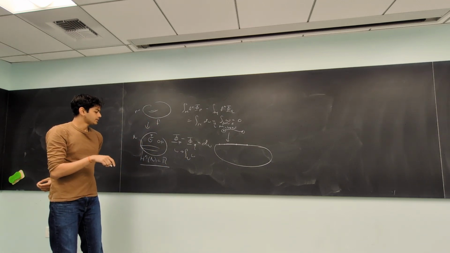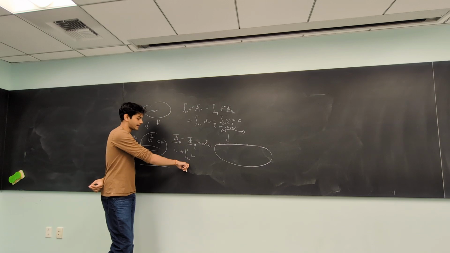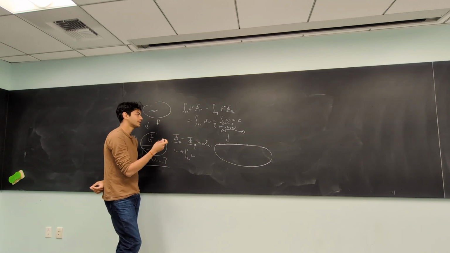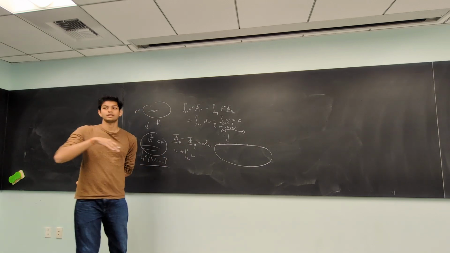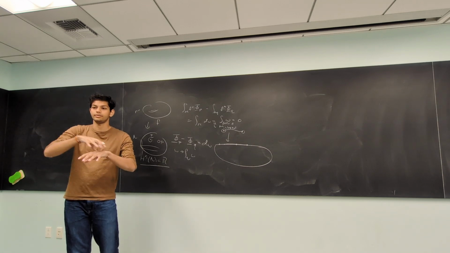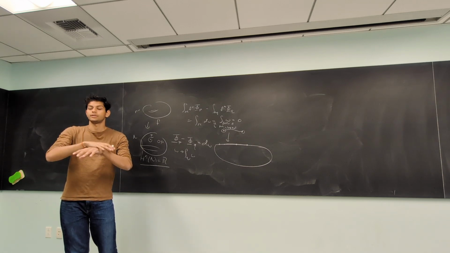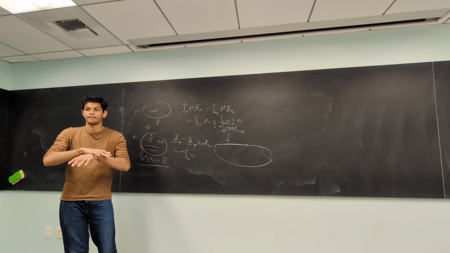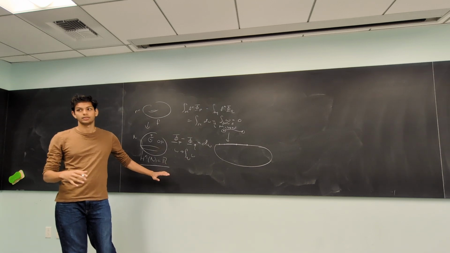So if you have something which integrates to something non-zero, any other form must be equivalent to some multiple of that form, just because of this fact.